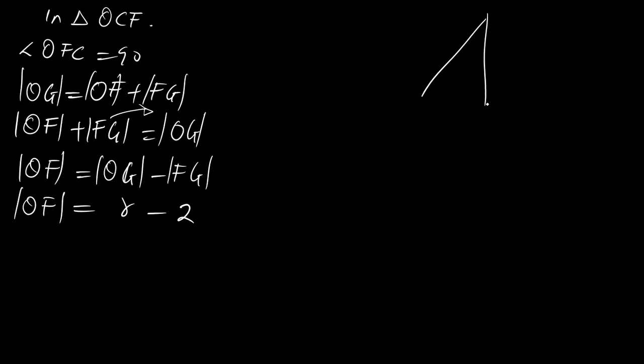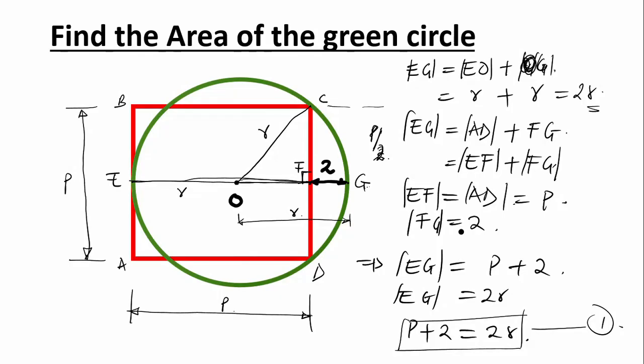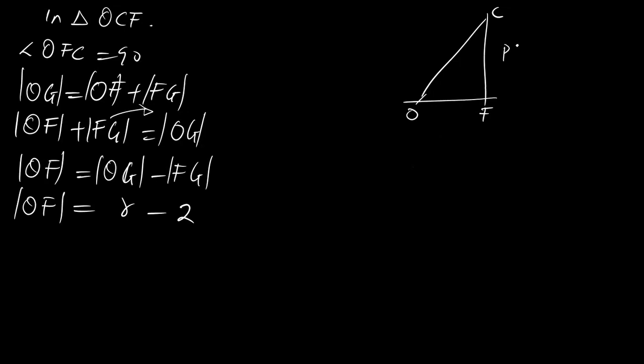Let's now draw the triangle. You have OF and CF. CF is equal to P all over 2, while here is R minus 2, and this is R. Applying Pythagoras theorem, OF squared plus CF squared is equal to OC squared.